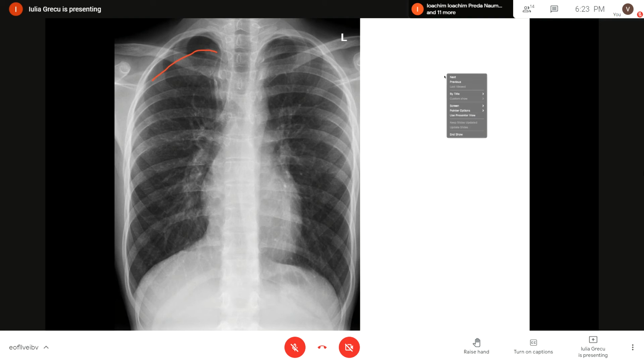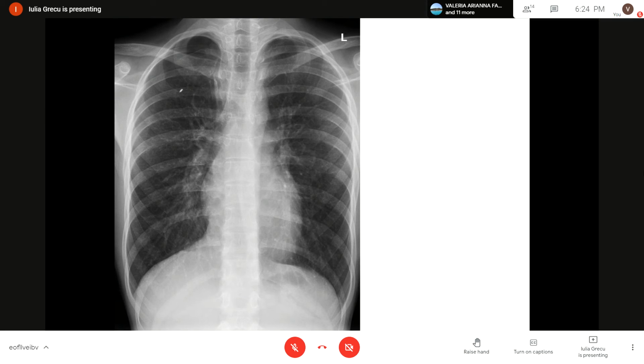So because the air entered the pleural space, we will see a shift of the visceral pleura that covers the lung, and the air between the two pleuras will determine this hyperlucency with no associated vascular markings.